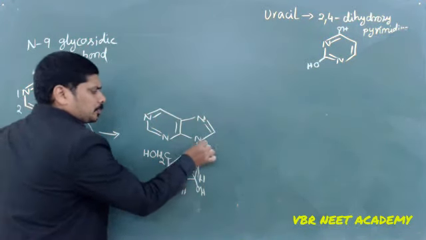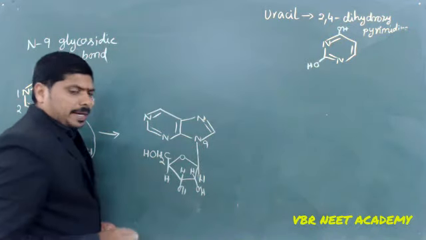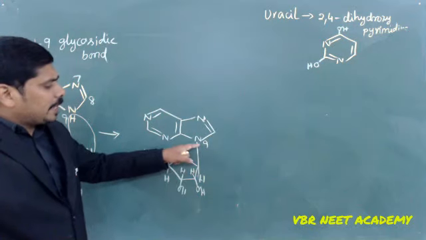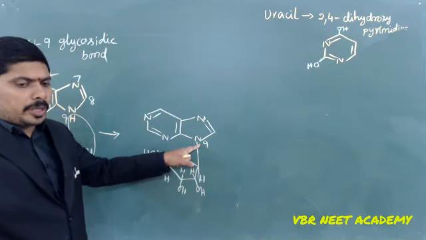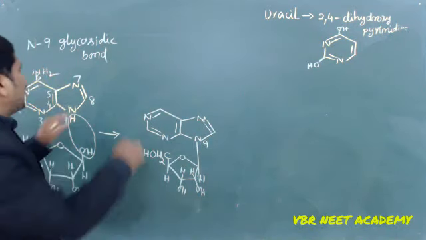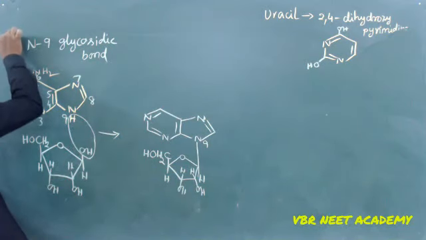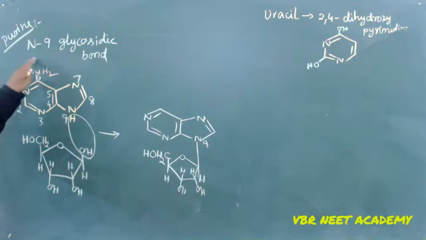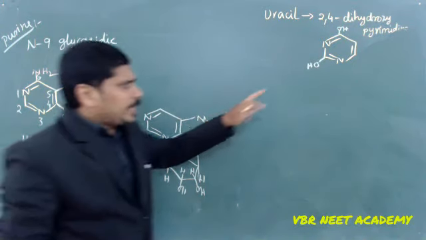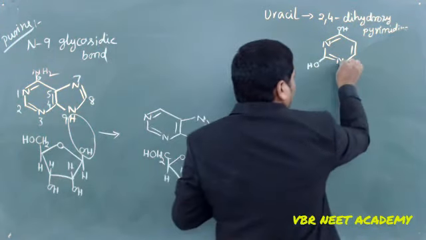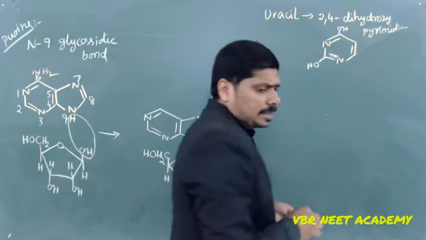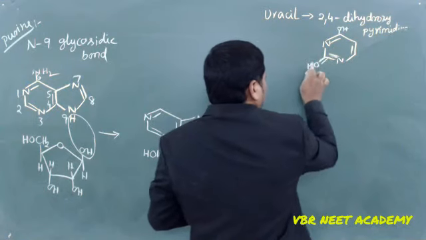The 9th position is going to be bound. Always it is going to be at the first position of your ribose only, but the 9th position of the purine is going to have, always purines will have N9 glycosidic bond. Purines will show N9 glycosidic bond. If you are taking pyrimidine, this nitrogen, I said already, is going to exist in keto form.